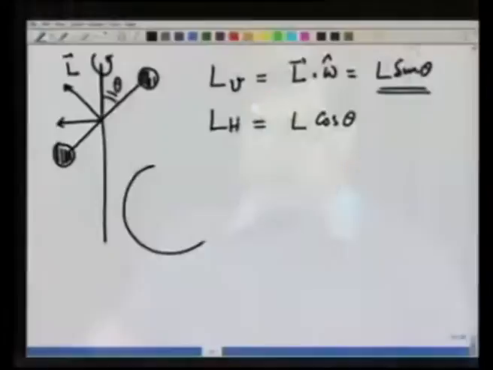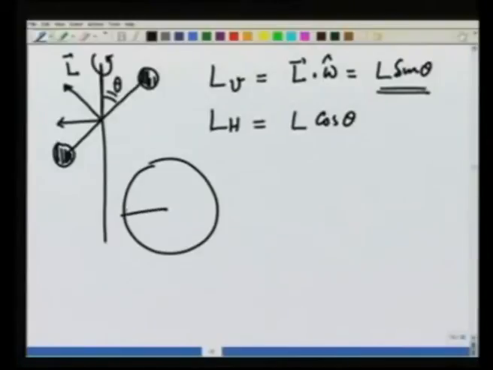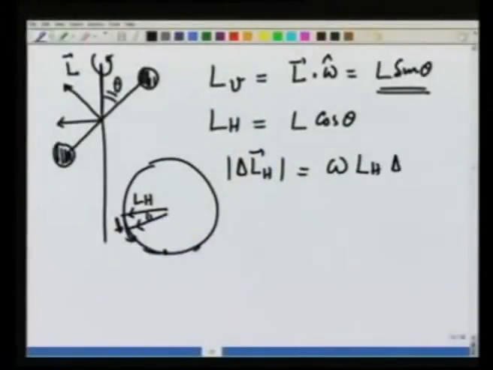The only component that rotates is its horizontal component. Let us see how it rotates. This is the horizontal component L_H, and it is rotating like this. So at any given time, the small change in the vector is going to be this way, and this is going to be equal to the rate of rotation omega, the component perpendicular to omega, so it is rotating with omega, L_H delta t.